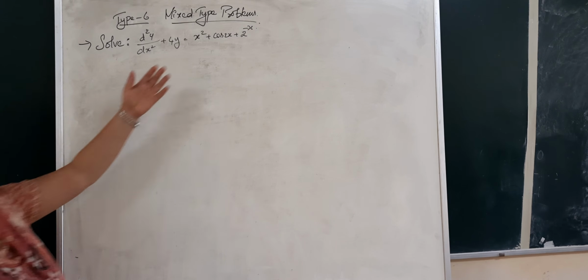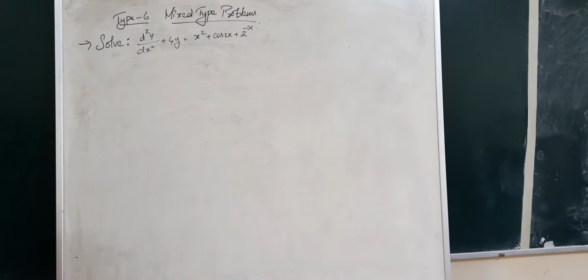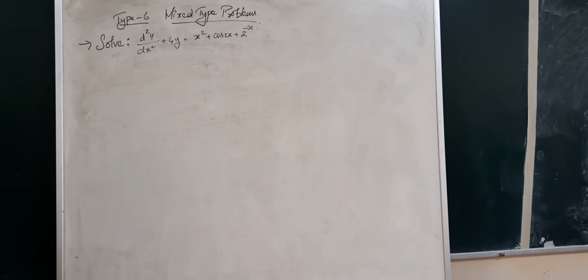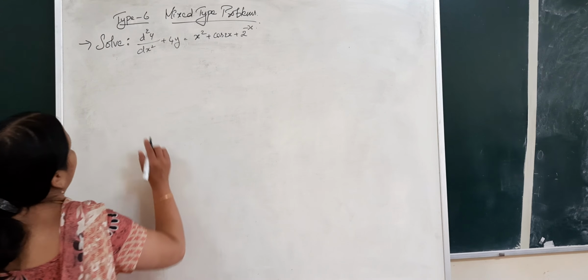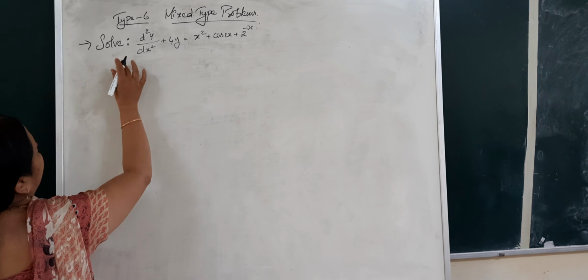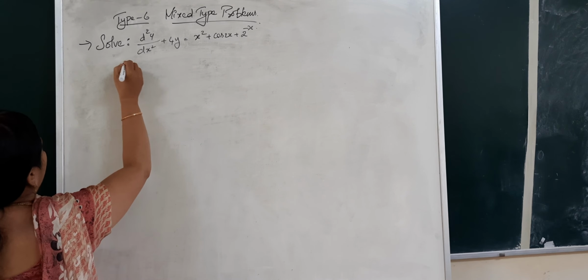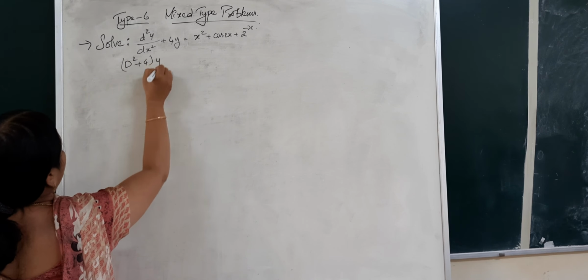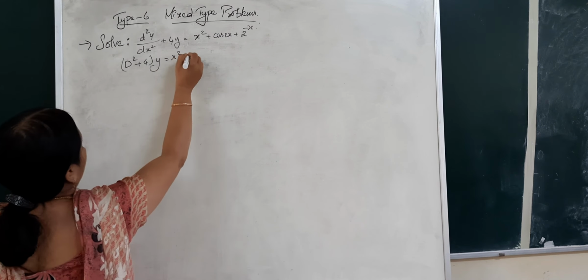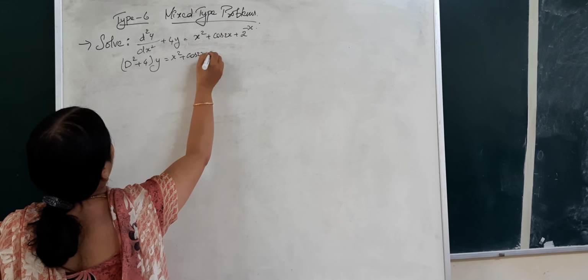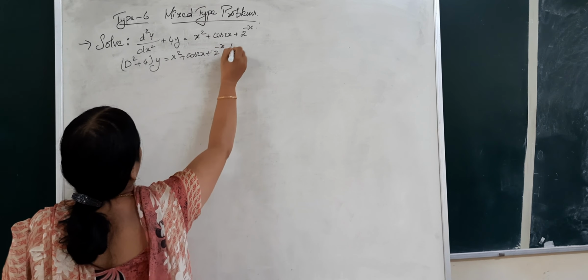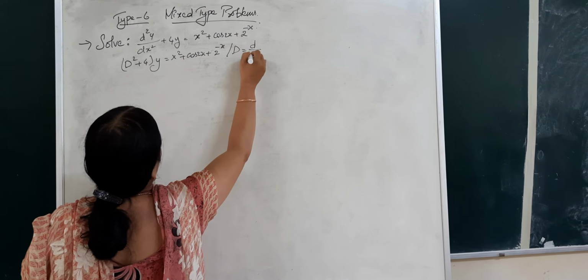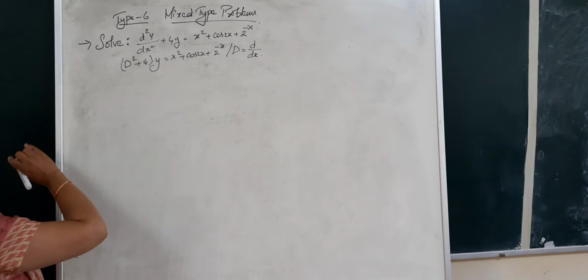Why? Because you can see multiple terms here in the RHS, and that too all are of different type and different category, which comes under different types actually. Alright. Anyways, so we'll continue with the procedure. The first step is to put it in the operator form. So (D square plus 4) times y is equal to x square plus cos 2x plus 2 power minus x, where capital D is nothing but our d by dx.